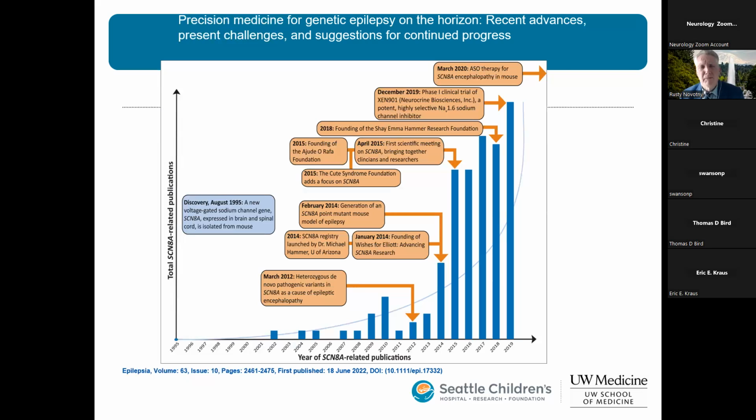There's Scott Baraban, who's down at UCSF, who has created zebrafish models of many of the channelopathies and can screen many drugs to see how effective those small molecules are in treating epilepsy in zebrafish and other model organisms.